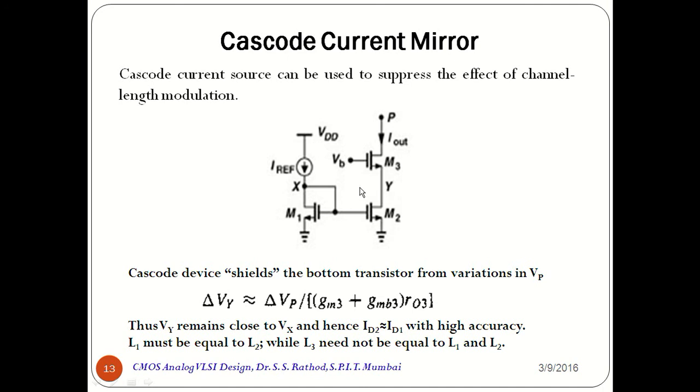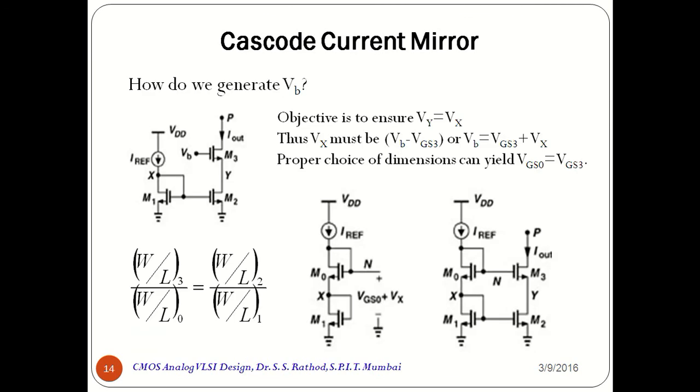So delta Vy is nearly equal to delta Vp upon Gm3 plus Gmb3 into Ro3. So this derivation comes from our single stage amplifiers. Thus Vy remains close to Vx, and hence ID2 will be nearly equal to ID1 with high accuracy. For this, L1 must be equal to L2, while L3 need not be equal to L1 and L2. Now how do we generate VB?